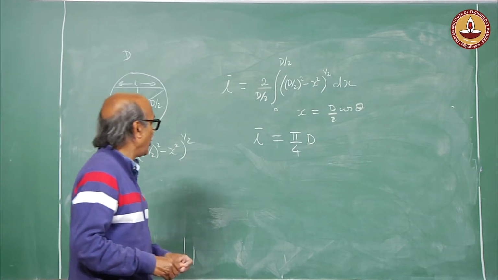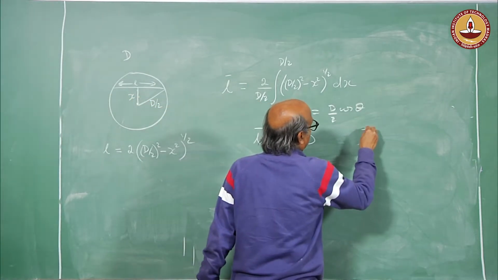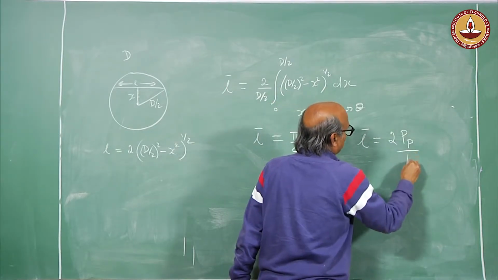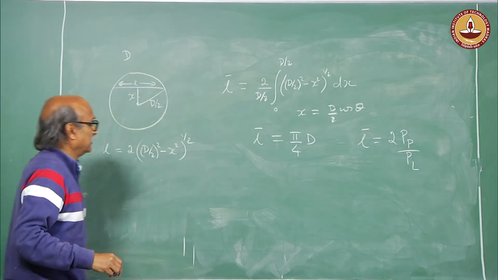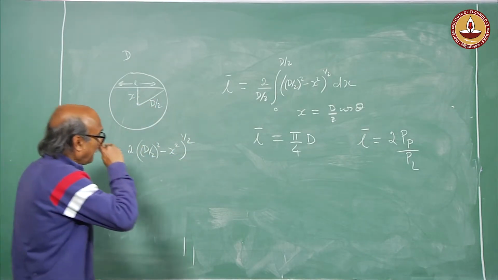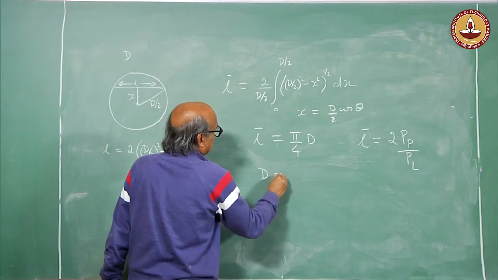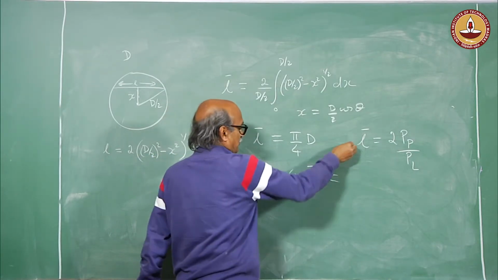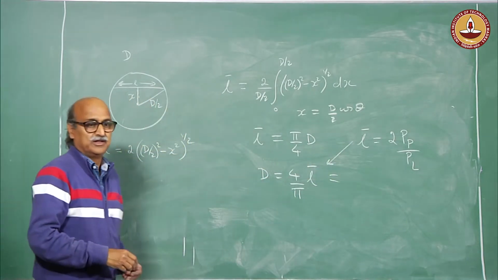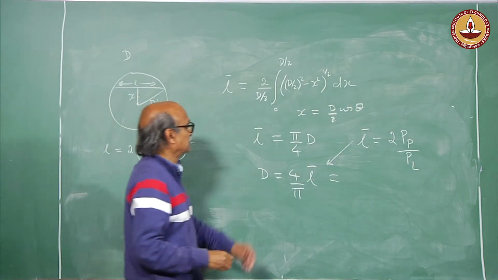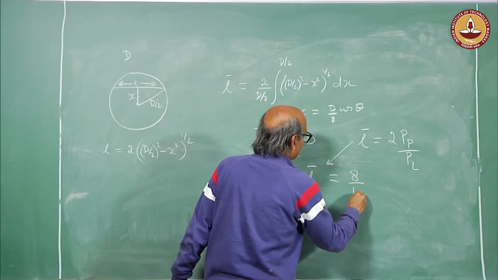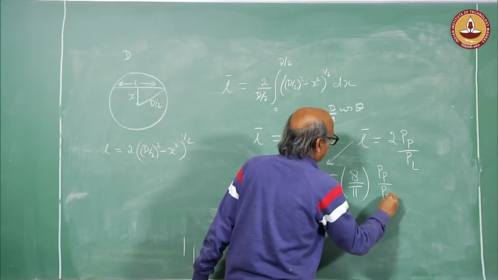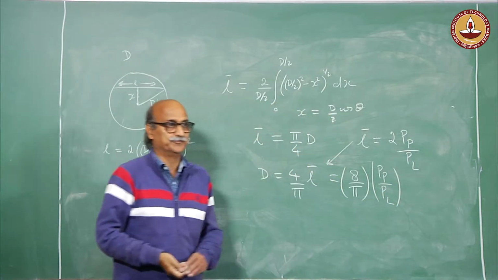And we already know that mean intercept length can be written in terms of 2 times the point fraction upon PL. Okay. So, diameter is actually 4 by pi L bar. Substitute for the mean intercept length in this, and this will become 8 upon pi times point fraction upon PL.